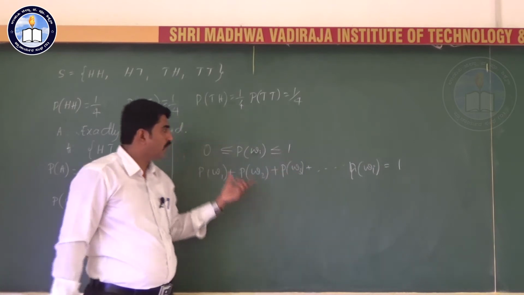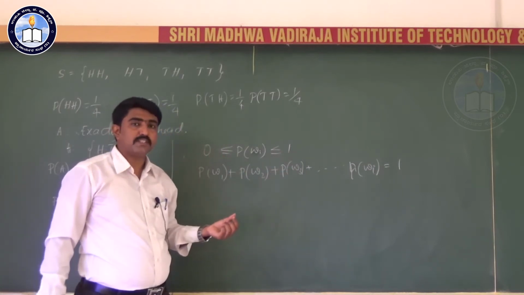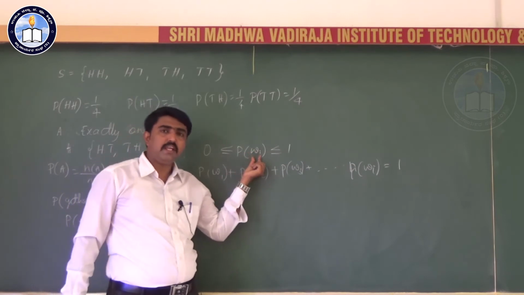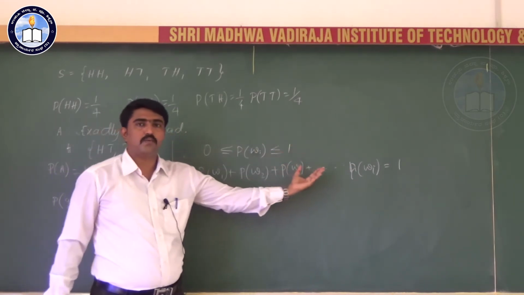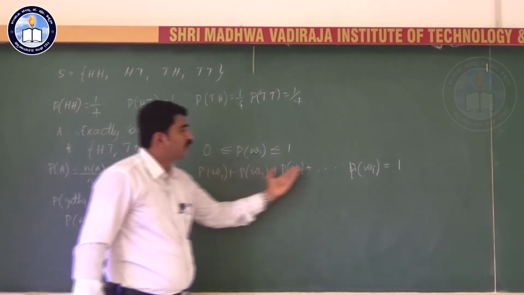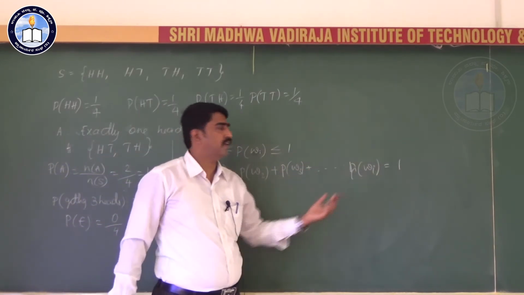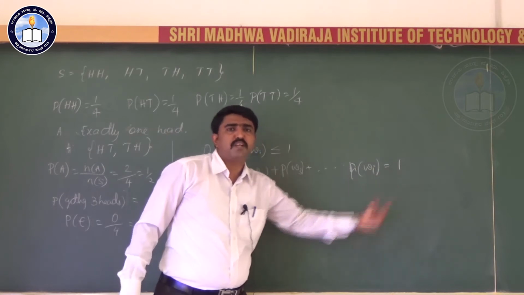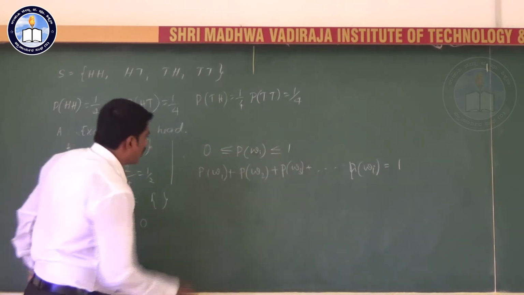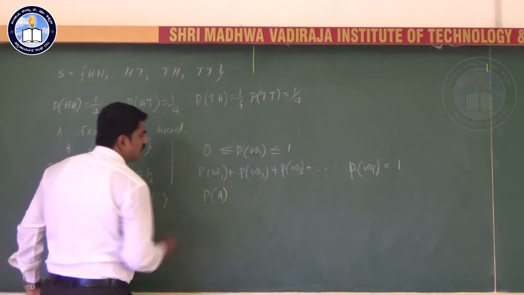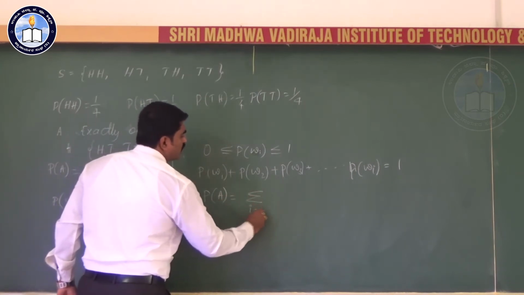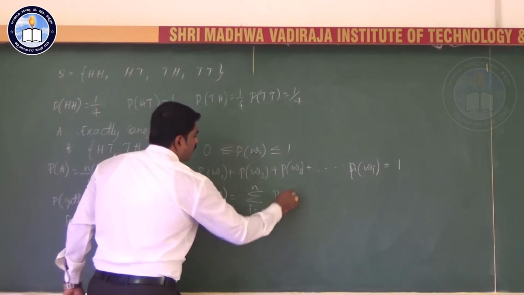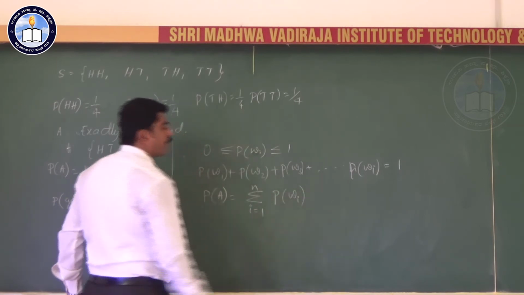So the axiomatic approach of probability says the probability of any sample point is always less than or equal to 1 and greater than or equal to 0, and the sum of the probabilities of each sample point is always equal to the probability of the sample space. The probability of any event A is equal to the summation, i from 1 to n, of probability of omega i.